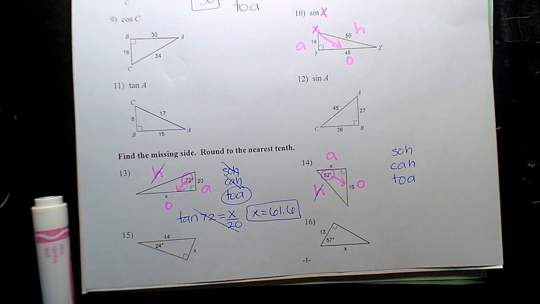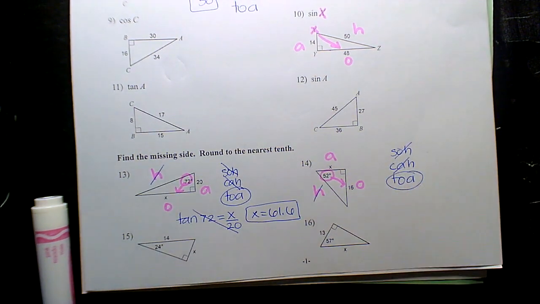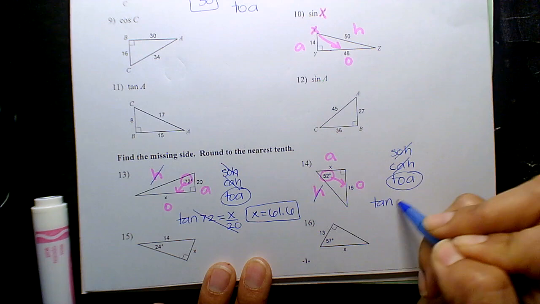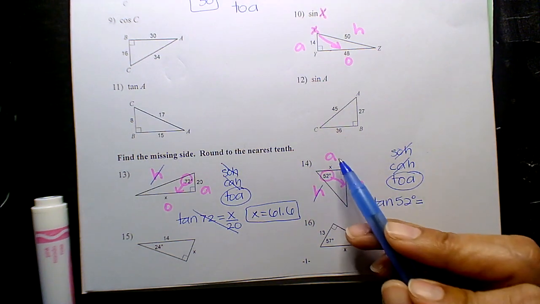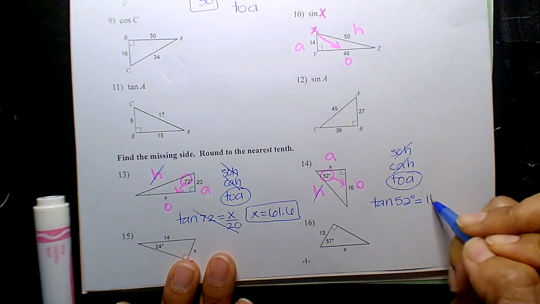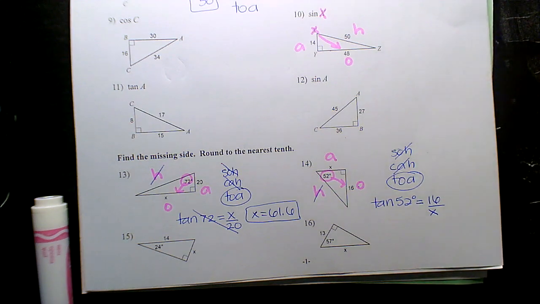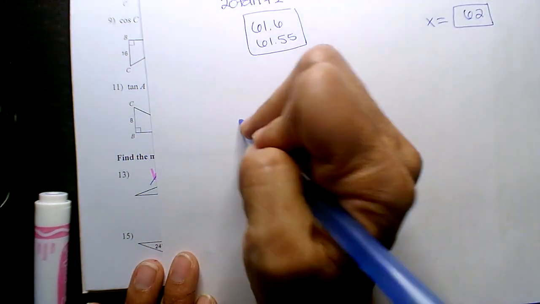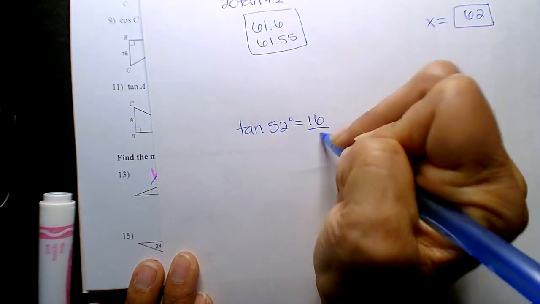Okay, so since H is blank, sine and cosine are out, tangent's the winner. Right? So tangent of 52 degrees is equal to O over A, 16 over X. Let's go back to scratch paper. Tangent of 52 degrees is 16 over X.